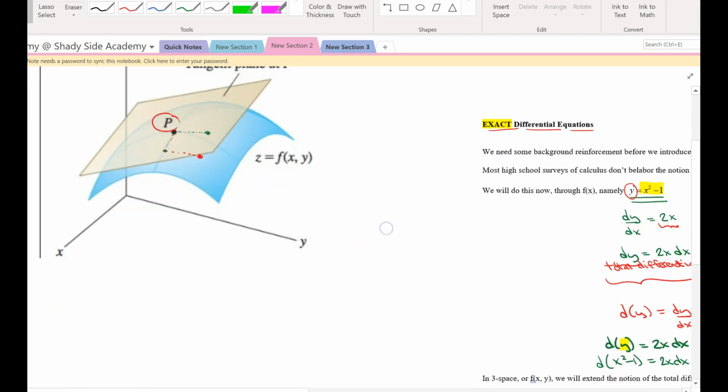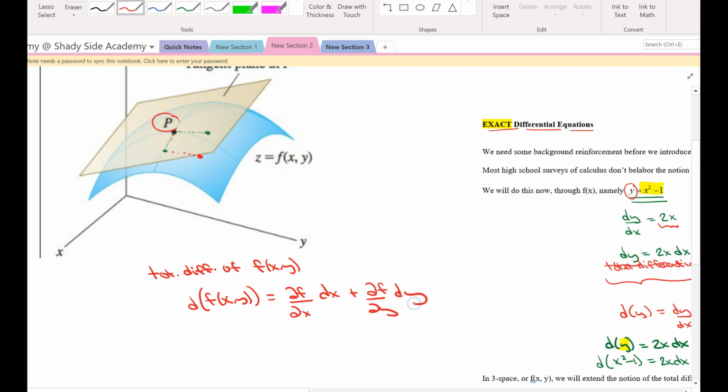What that means is, in 3-space, if I want to talk about the total differential of f of x comma y, and let's write this in our new notation, the total differential of f of x comma y, which is conventionally referred to as z, is going to come by way of the change in f, or z, as a function of x, dx, plus the change in f as a function of y, dy.